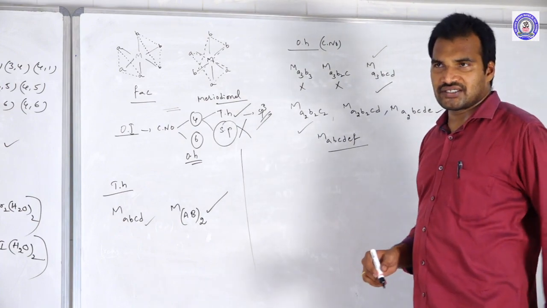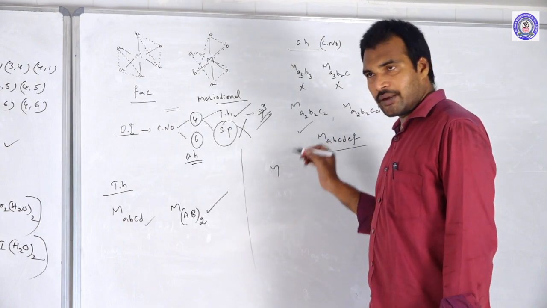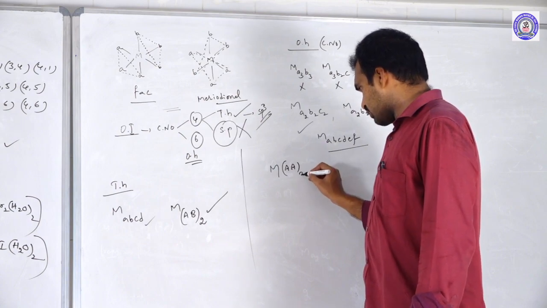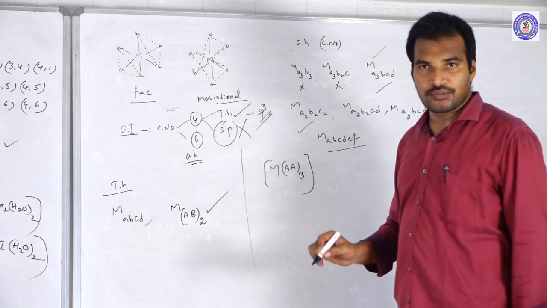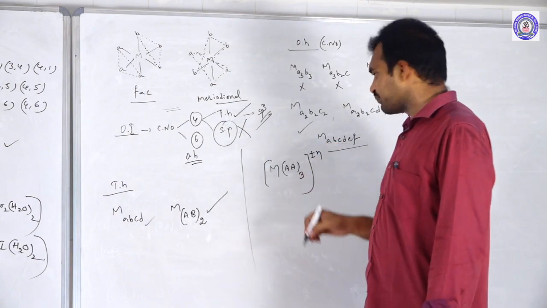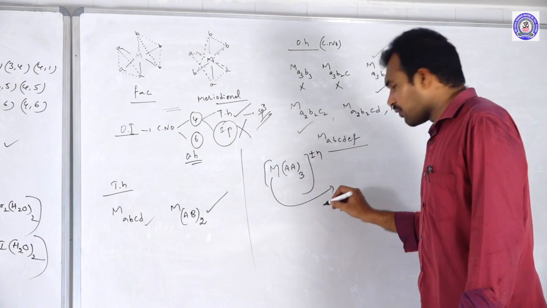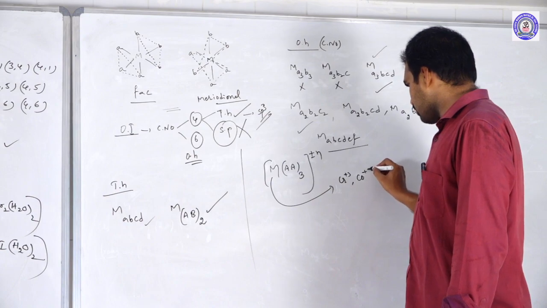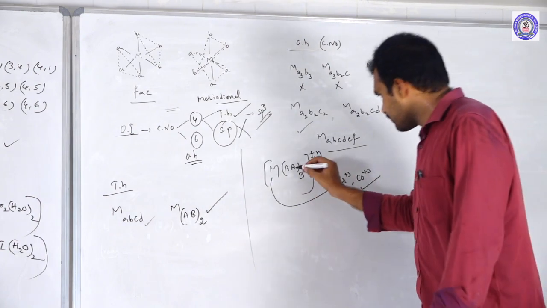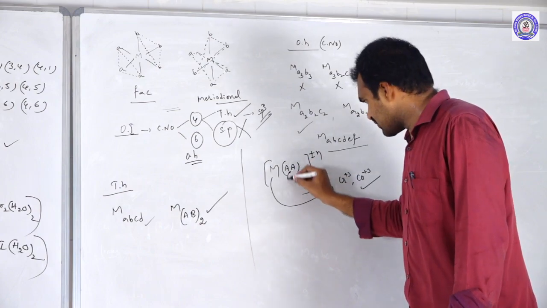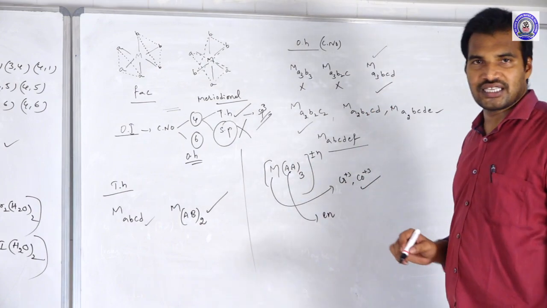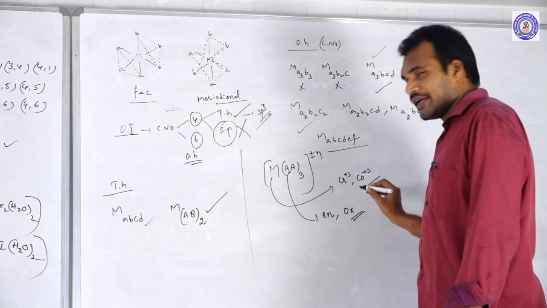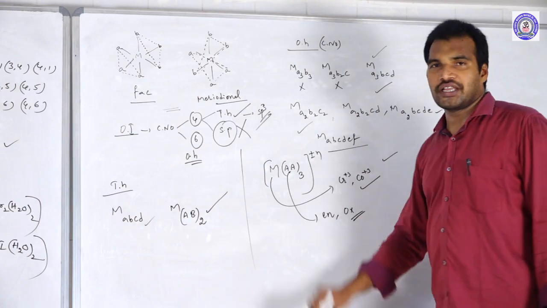In addition to these complexes, M(AA) thrice. In this, when the central metal atom is chromium plus 3 or cobalt plus 3, and this AA is either EN, ethylene diamine, or oxalato, they can show optical isomerism.